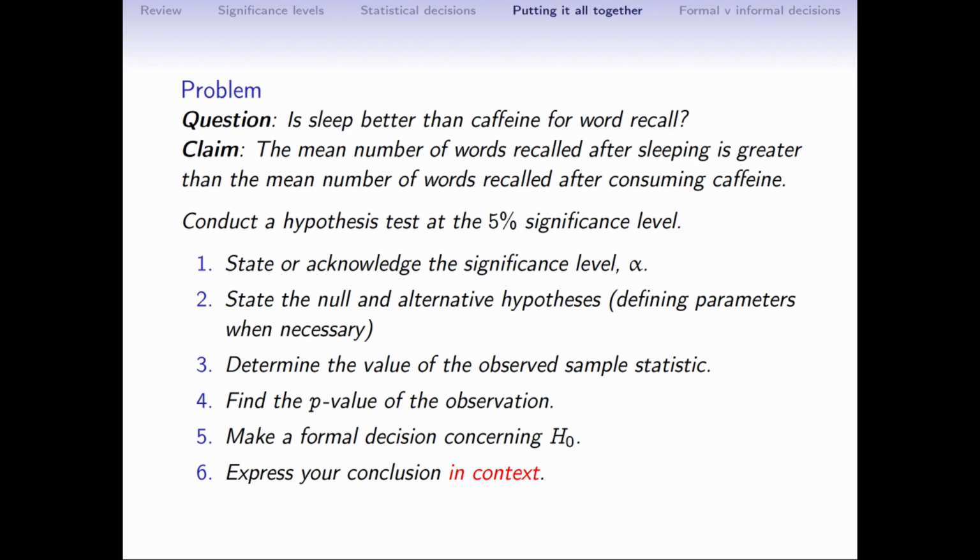That is the claim to be tested. And what we want to do is conduct a hypothesis test at the 5% significance level. Now, we've done a lot of the work already for this. So what I want us to do is go to the document camera and pull together all of the elements, these 6 steps in conducting a proper hypothesis test at the 5% significance level. So join me at the document camera to fill in these steps.